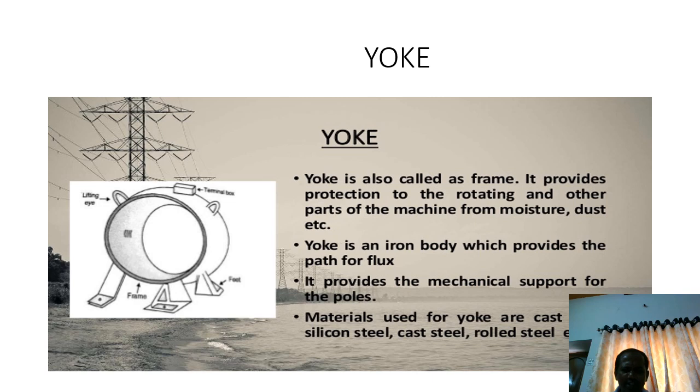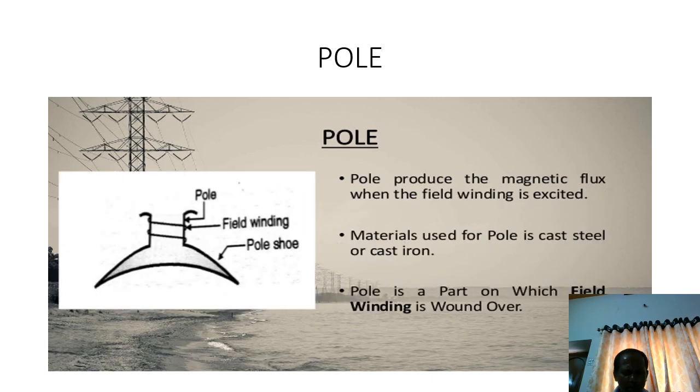So next one is pole: pole cores and pole shoes. The field magnet consists of pole core and pole shoes.